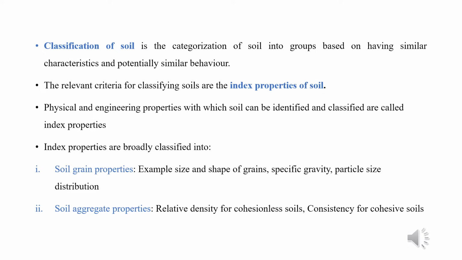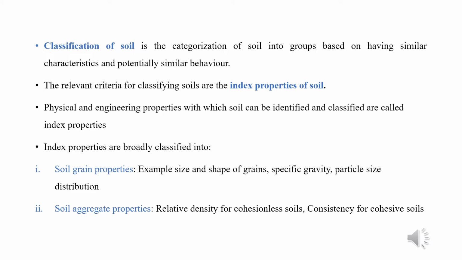The soil aggregate properties are those properties which are dependent on the soil mass as a whole, and therefore these properties control the behavior of the soil in the field, as any civil engineering project is actually founded on the field, right?